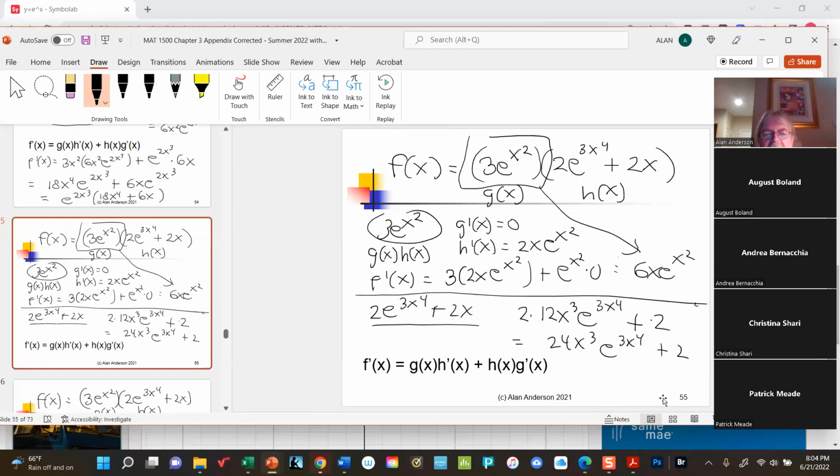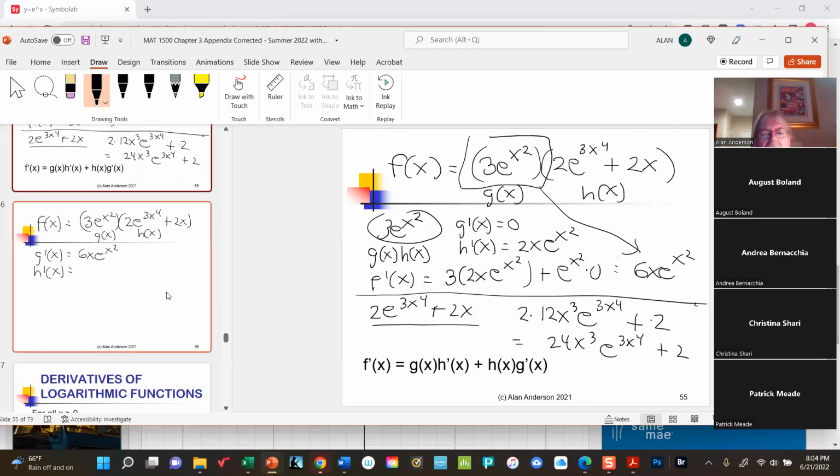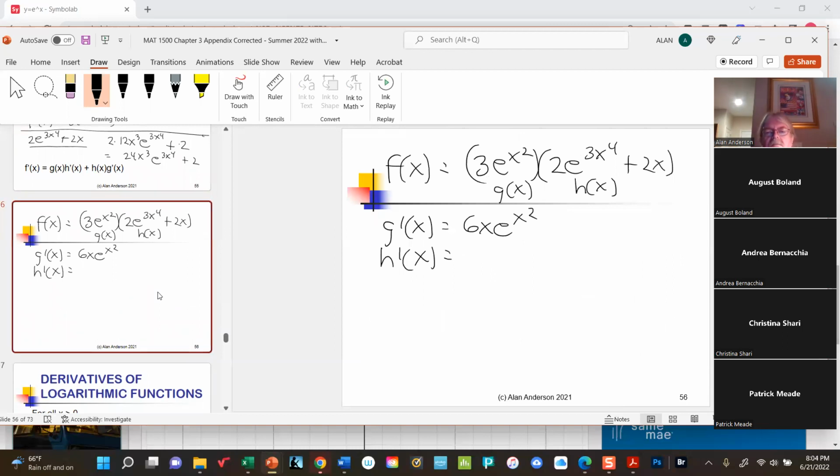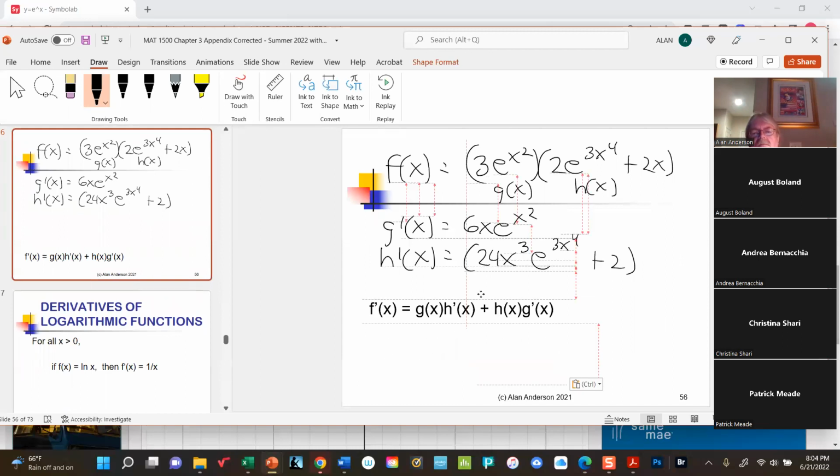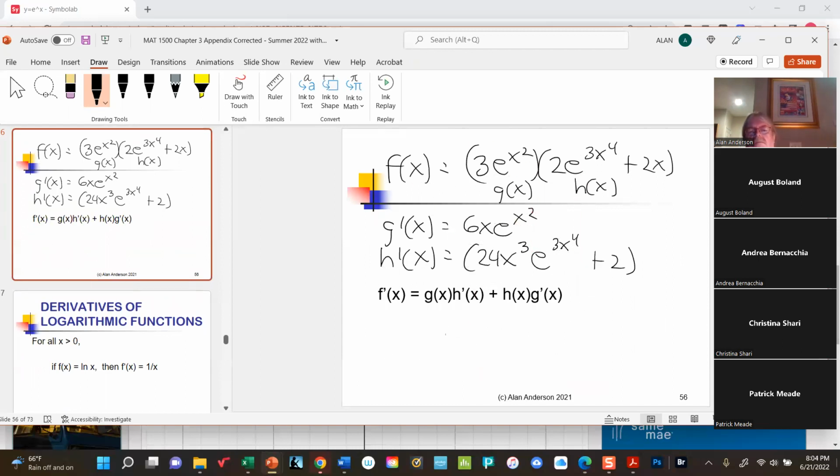All right, so I'll copy that to the next page. And so now, of course, we can just use the product rule. And let's see, oh, wow, what a mess. So I'll have 3e to the x squared.